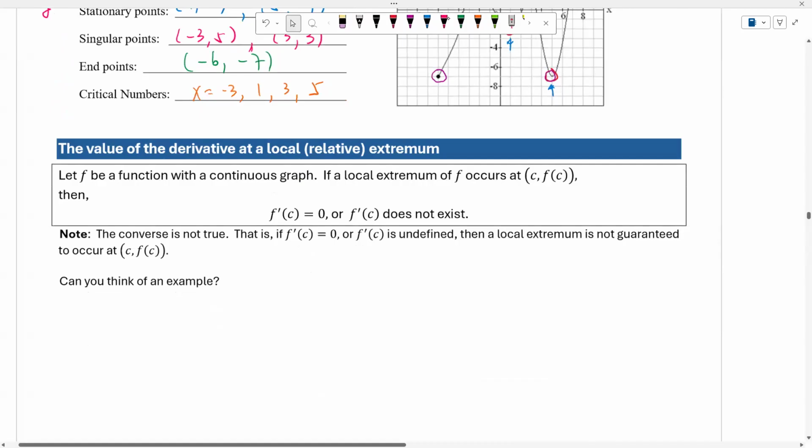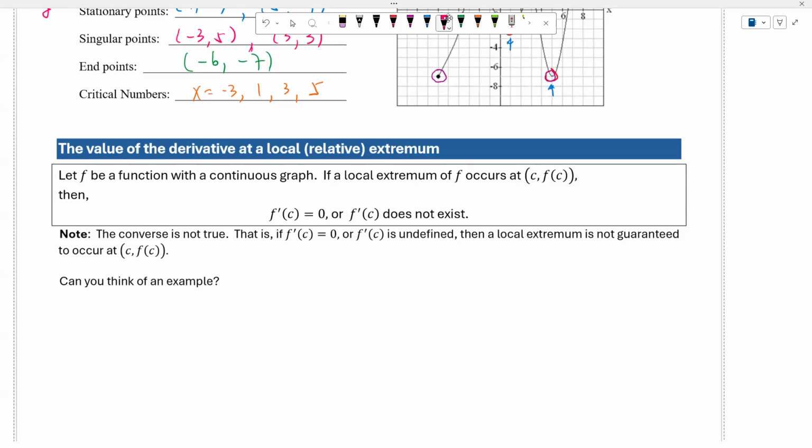Then now, the next theorem is about the values of the derivative at a local extremum. Let f be a function with a continuous graph. If a local extremum of f occurs at (c, f(c)), then f prime of c equal to 0 or f prime of c does not exist. Okay.